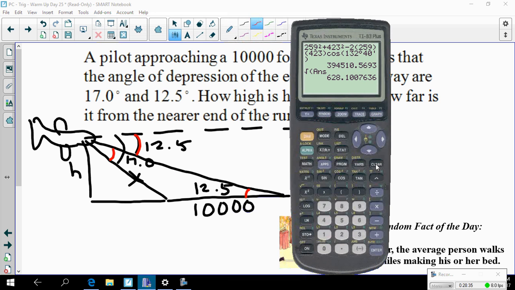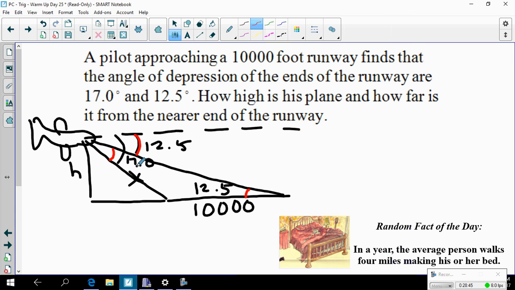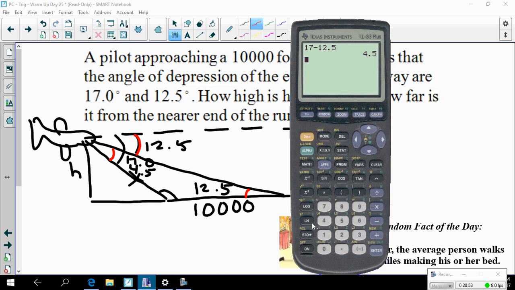So if I did 17 minus 12.5, 4.5. And then I could find this angle by taking those two and subtracting from 180. So 180 minus 12.5 minus 4.5. That's 163 degrees right there.